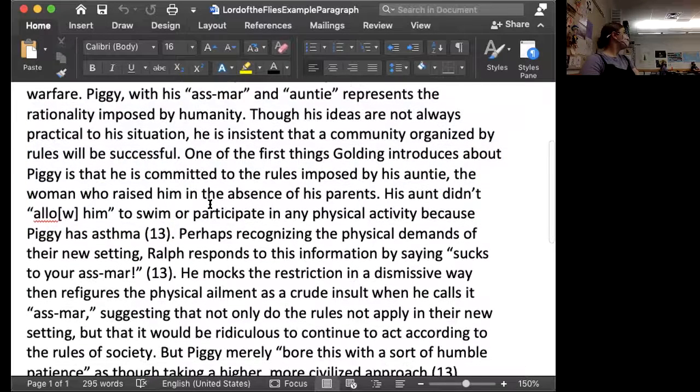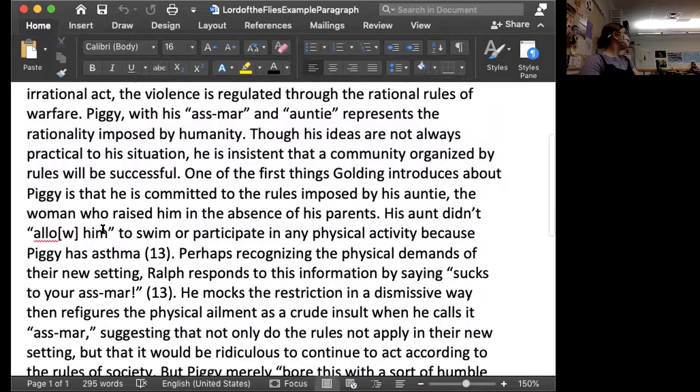But the things that I really want to focus on is how there are rules for Piggy that he very much wants to follow. I want to focus on this idea of Asmar because it's fun to write. No, because it's a way that nobody really fully understands it, but they're going to follow the rule anyway. It's kind of arbitrary, and then they turn it into a curse word.